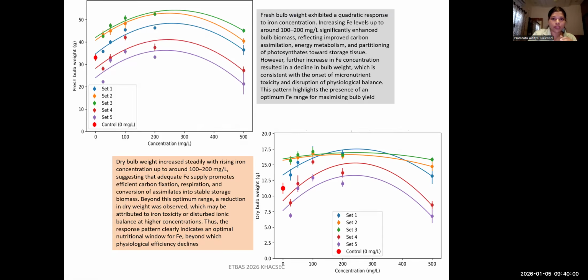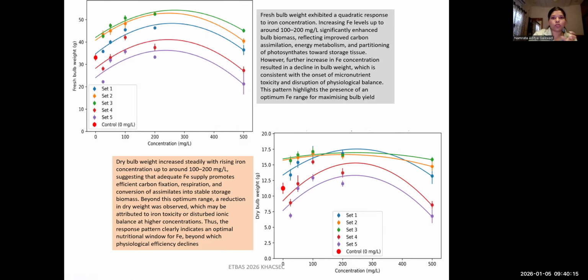But further, as we increase the concentration beyond 400 and 500 mg per liter, the yield has been reduced. Even if the particle size is smaller than 100 nanometer, because of higher concentrations, we can see that fresh bulb weight as well as dry bulb weight of the garlic has reduced.